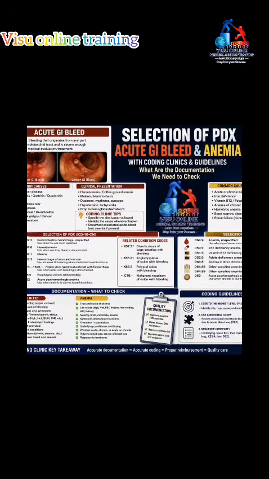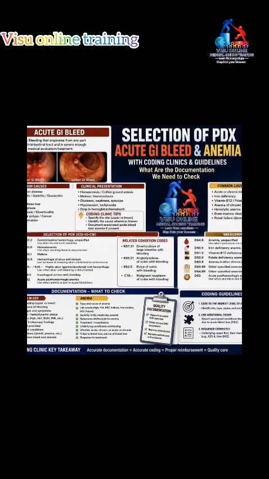The next scenario: the patient is admitted with only anemia, low hemoglobin levels, and low hematocrit. The physician has documented that the patient has dizziness, shortness of breath, and palpitations, and they have done a transfusion in the ED. In the H&P, progress notes, consultation notes, and discharge summary, the physician is clearly stating anemia, acute blood loss anemia, or whatever type of anemia.